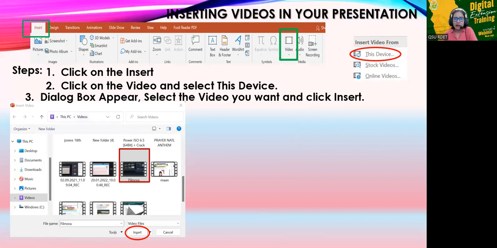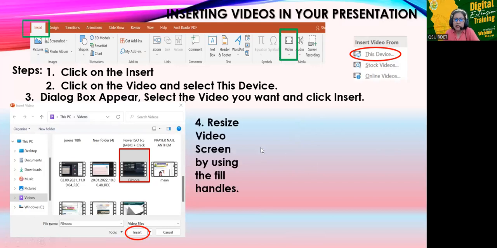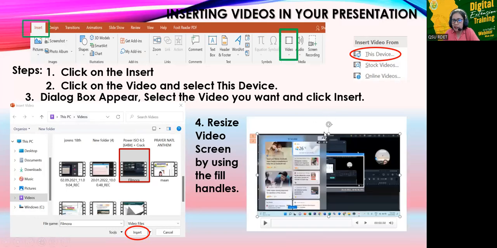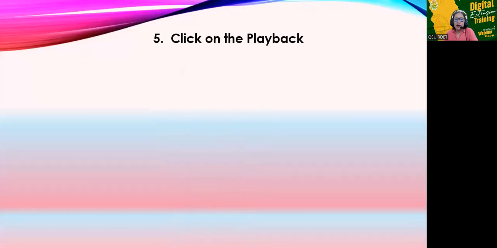That will not end there, as you will again format the size and how the video will be played. You resize the video screen by using the fill handles, just like the picture on the screen. The fill handles are the small squares around the object. So that's how you insert a video.